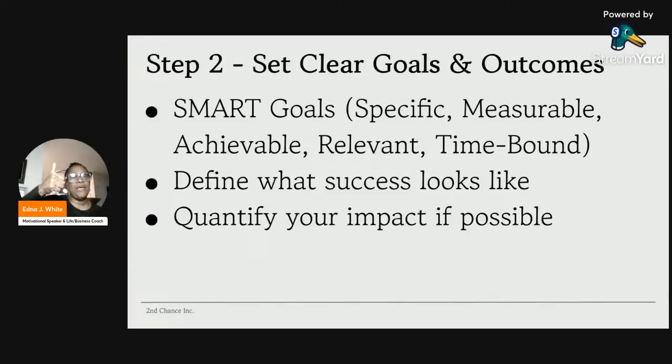Be specific, measurable, achievable, relevant, and time bound. Meaning, have a time constriction. You can't have it forever. It could be maybe 30 days, 90 days, six months, a year. However it is, it has to have a time period.